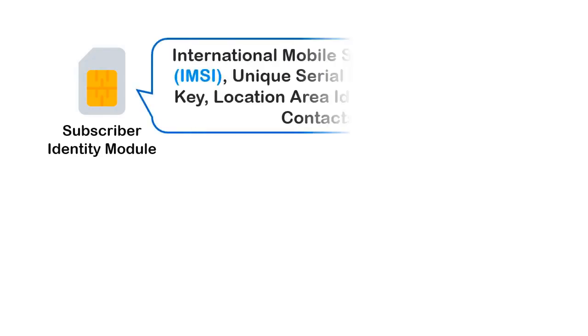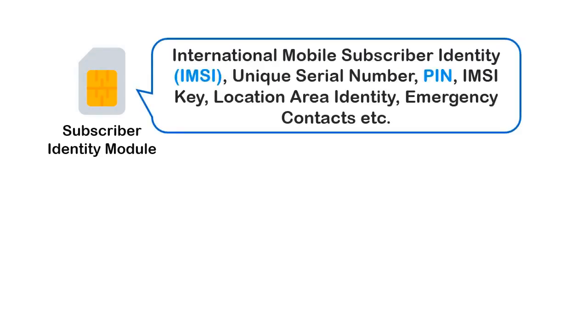To do that, a small storage chip was introduced called SIM or Subscriber Identity Module. It contained a lot of sensitive information like International Mobile Subscriber Identity, short form IMSI, which was a result of making global mobile user database unified and getting rid of problems like false identities.